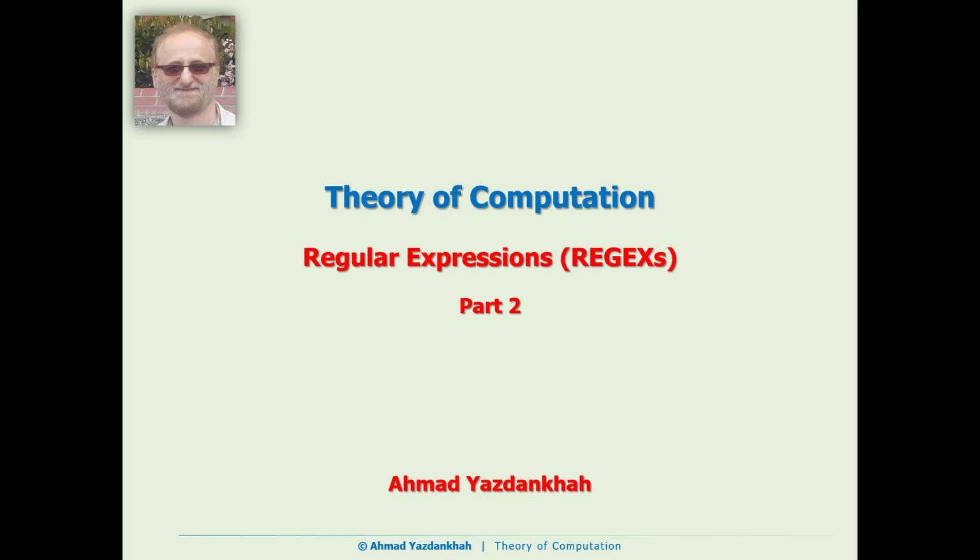Let's get started. So the first thing that we want to know about is the associated language to regexes. We already know the meaning of the associated language to a machine. It's the set of all strings that can be recognized or accepted by that machine.